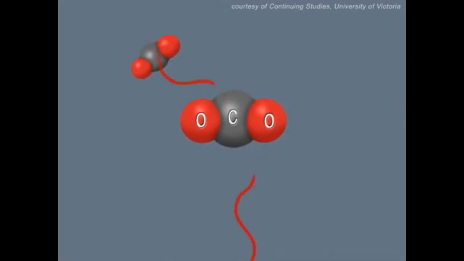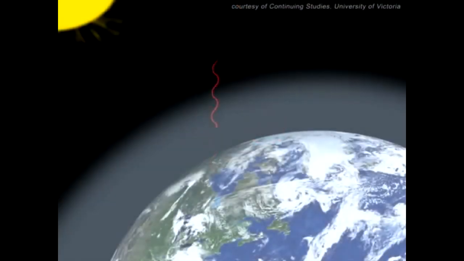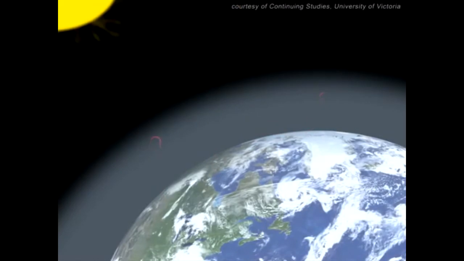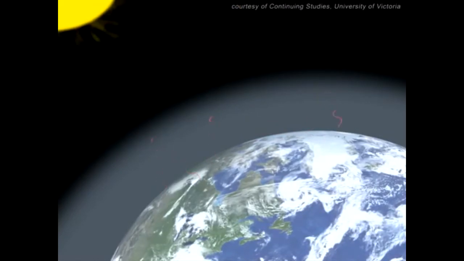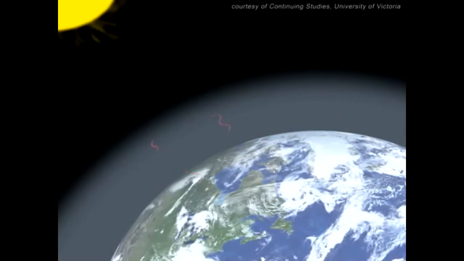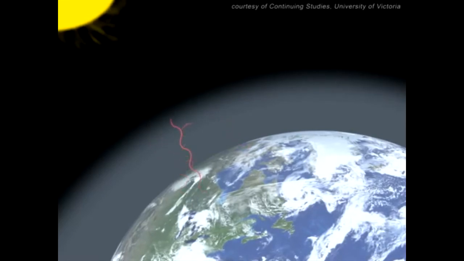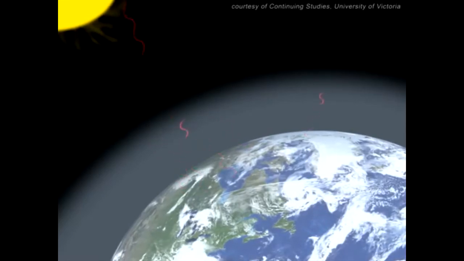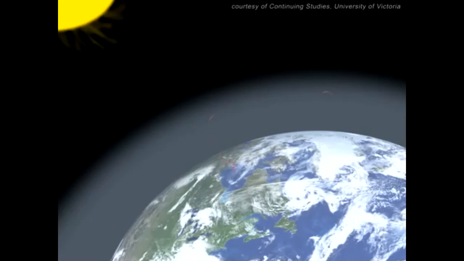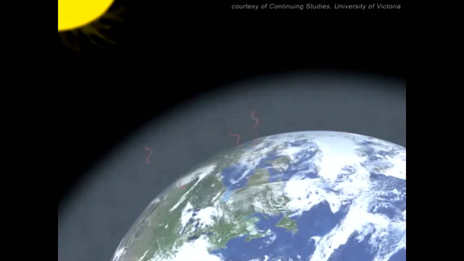Some is reabsorbed by other greenhouse gas molecules, and some eventually escapes to space. This chain of absorption and re-emission temporarily traps energy in the Earth's atmosphere, and it is this energy that has helped keep the Earth warm. Without this naturally occurring process, the Earth would be considerably cooler everywhere.